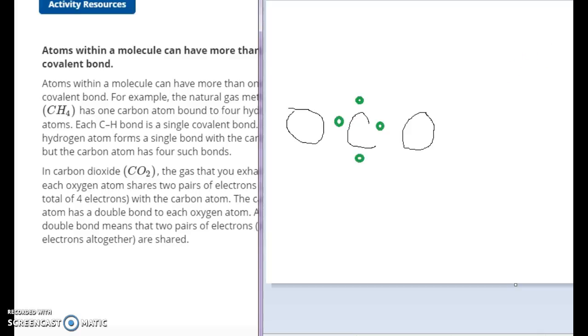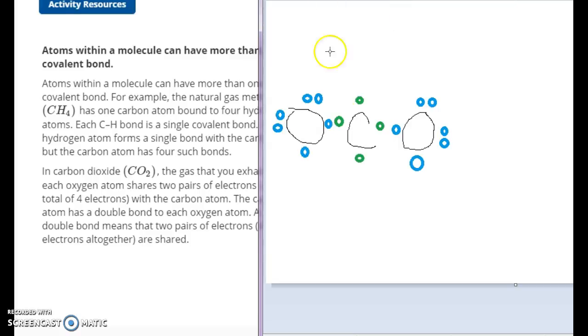Now oxygen is in group 6. So how many valence electrons does each oxygen have? 6. And how many total valence electrons does oxygen want? Well, it wants a total of 8. And what about carbon? How many valence electrons does carbon want? It also wants 8.